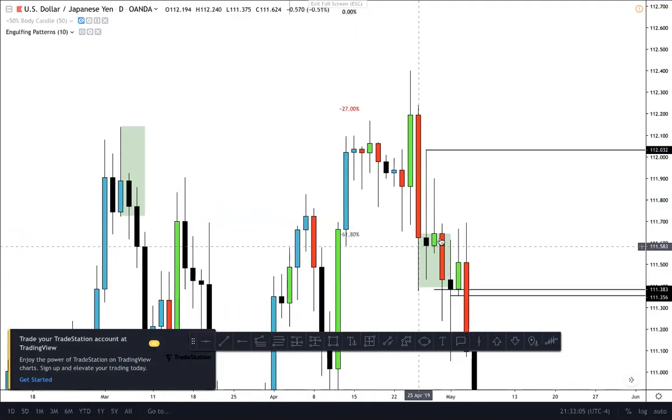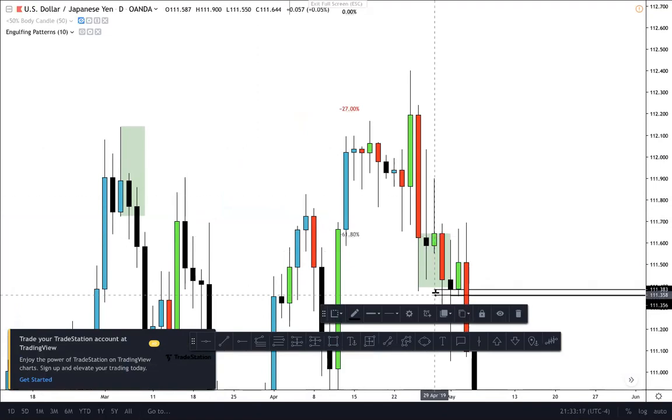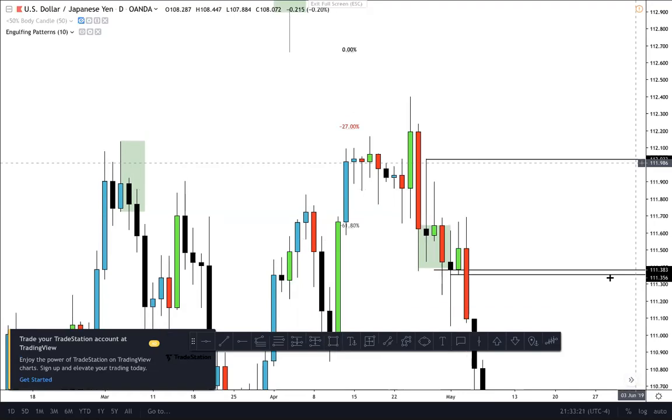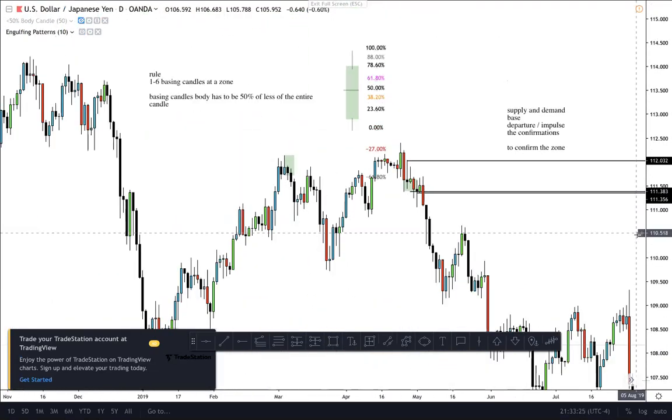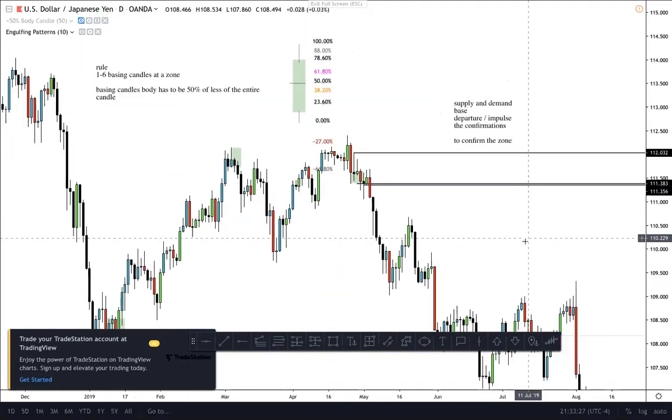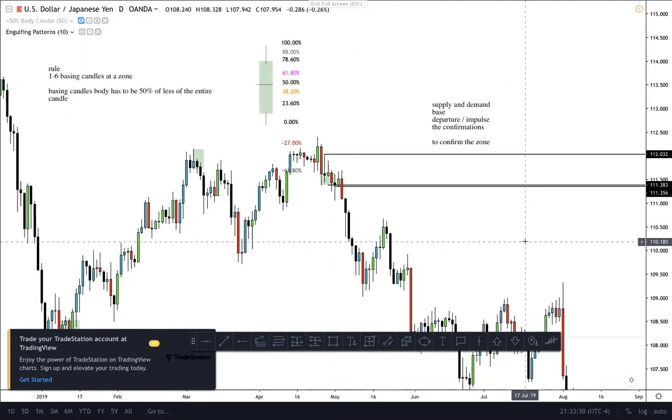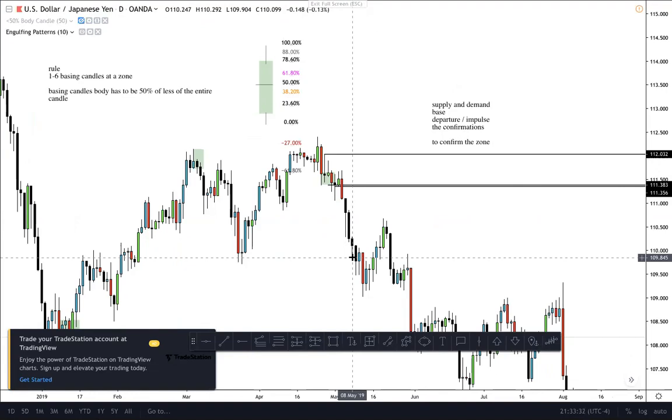Because we have to include these candles, because their bodies are within the entire basing candle here, and we have to draw the base from the lowest body to the highest wick, right? So this would be the base. Now we didn't get a reaction off of it, but that would be the base, right?